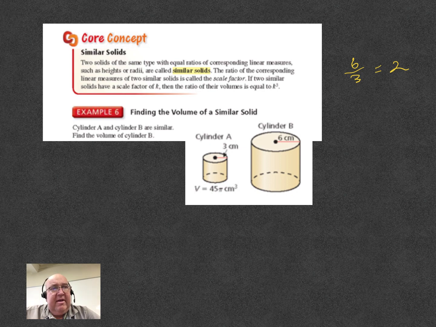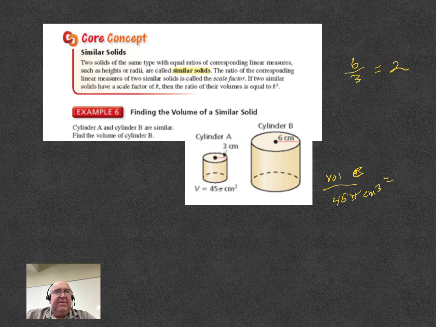So here we're going to have the volume of cylinder B is going to be equal to the volume of cylinder A, which is 45 pi centimeters cubed, and we're going to multiply that by the factor of 2. But here's something to realize.